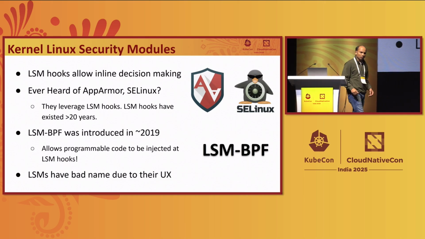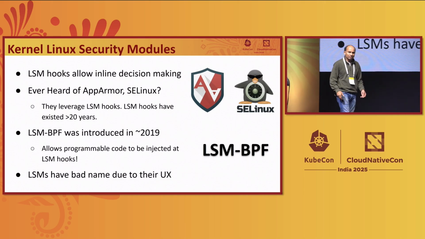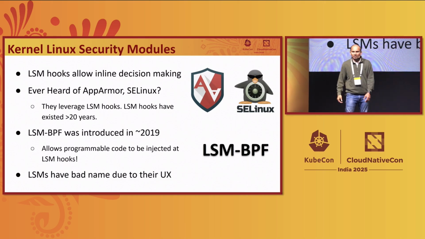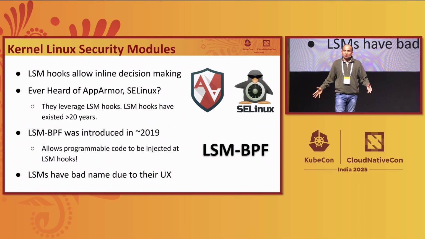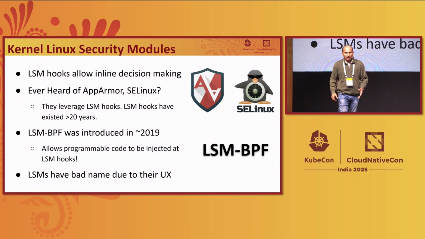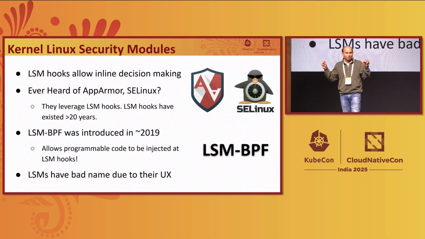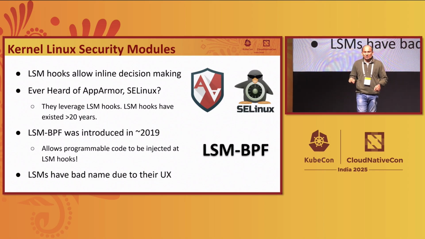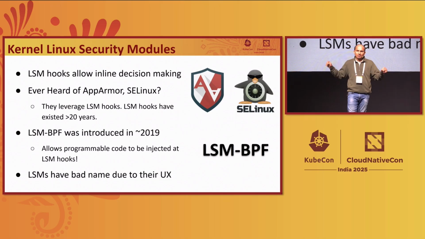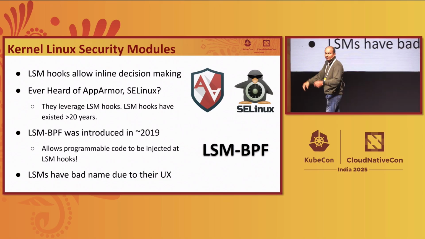Then there are Linux security modules, which have been there for the past 20 years, like I mentioned. AppArmor, SELinux, amazing. In-kernel decisions, brilliant again. Like LSM-BPF, this is the core theme for this particular talk. It was introduced in 2019. It's now available in most of the upstream cloud provider environments, including AWS, GCP, Azure, Oracle, IBM, Red Hat, OpenShift.